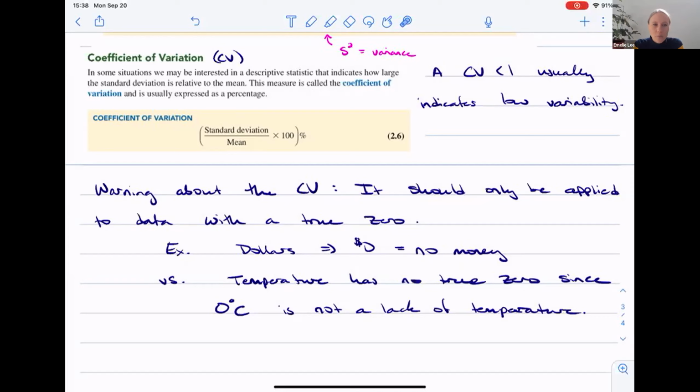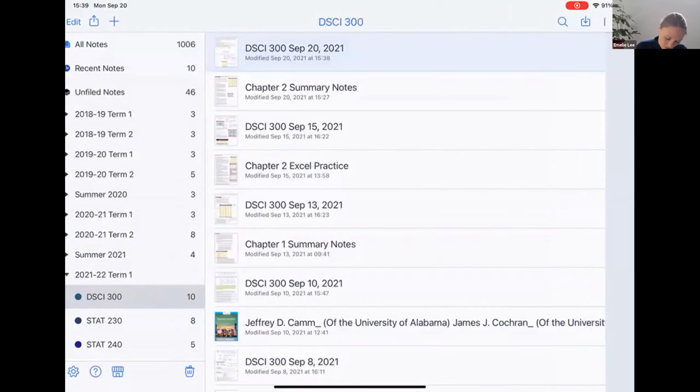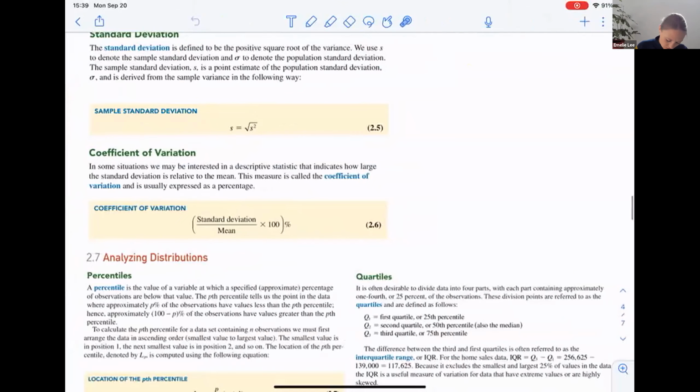And then you can go and look it up, right? So I just want you to have a little bit of a stop here. We can calculate it for any data, because we can find the mean and the standard deviation of any data. But the actual interpretation of the coefficient of variation only applies if you have a true zero. I'll leave it at that. Okay, good.